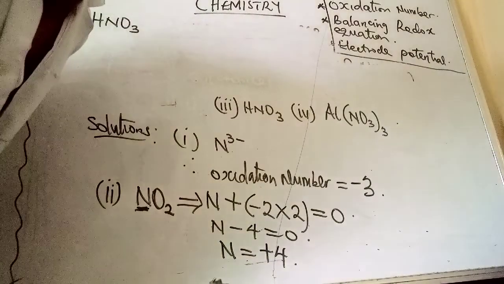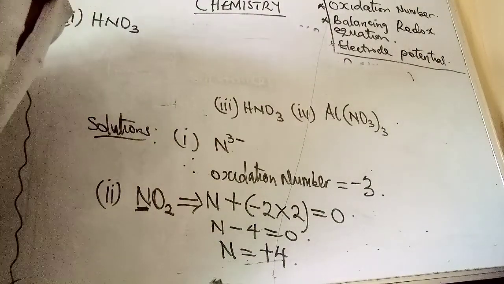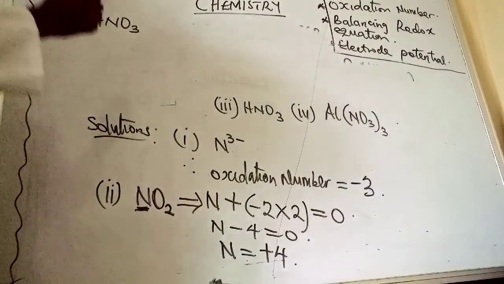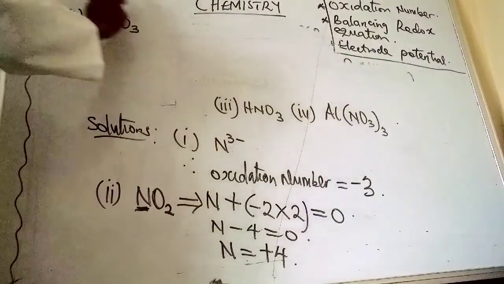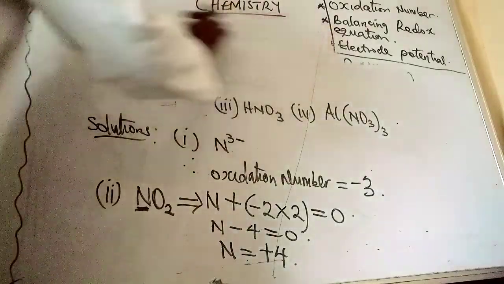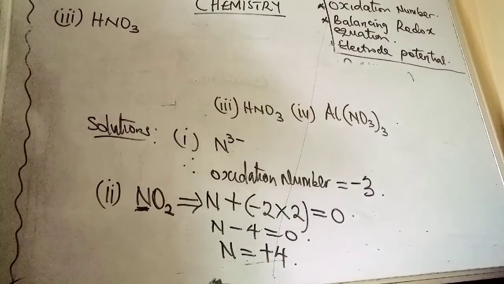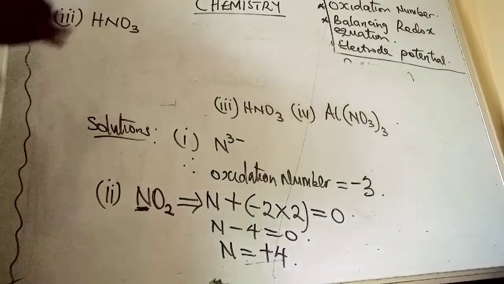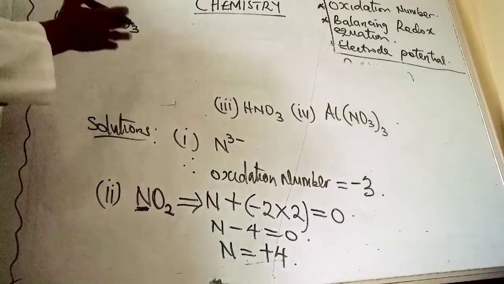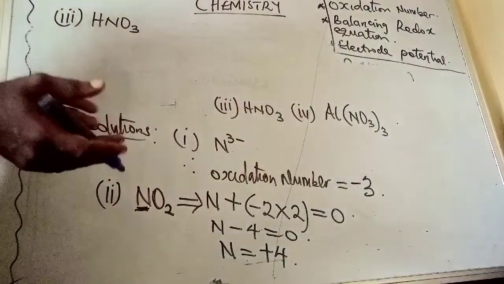How do we deal with this? Since this is a compound also, we are going to add the oxidation numbers of the constituent elements together, except that of nitrogen we are looking for, and everything will be equal to 0.